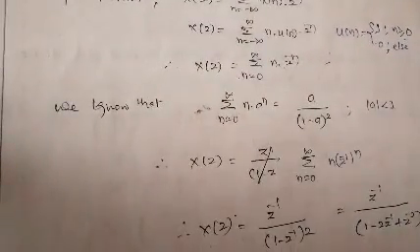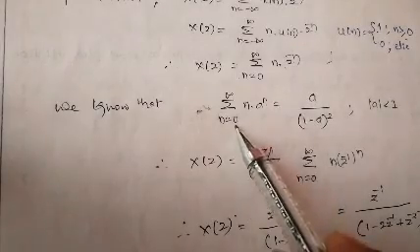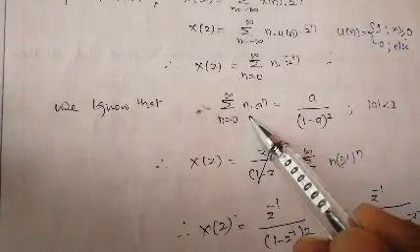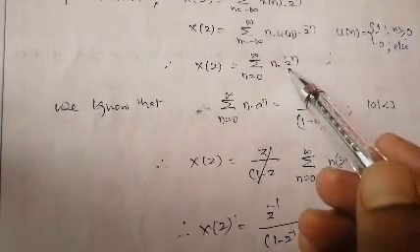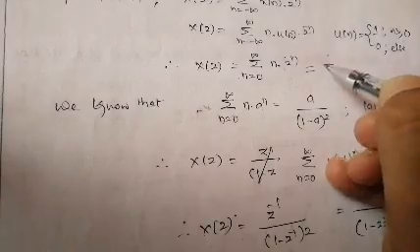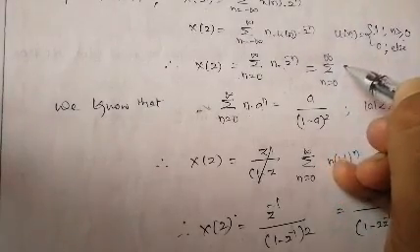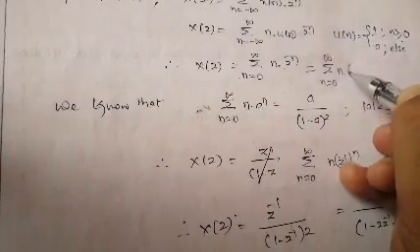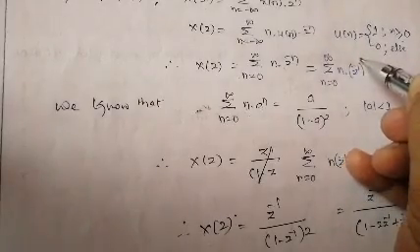Let us make use of one standard formula, that is summation over limits n equal to 0 to infinity n multiplied by a to the power n. Here this term we can express like this: summation n equal to 0 to infinity n into z to the power minus 1, to the power n.